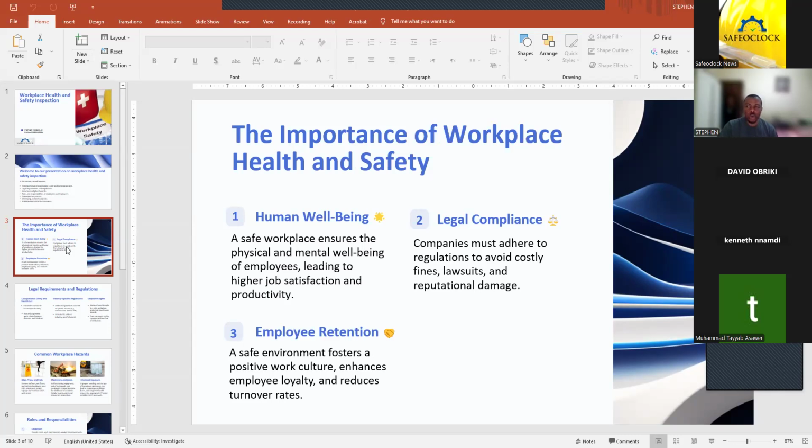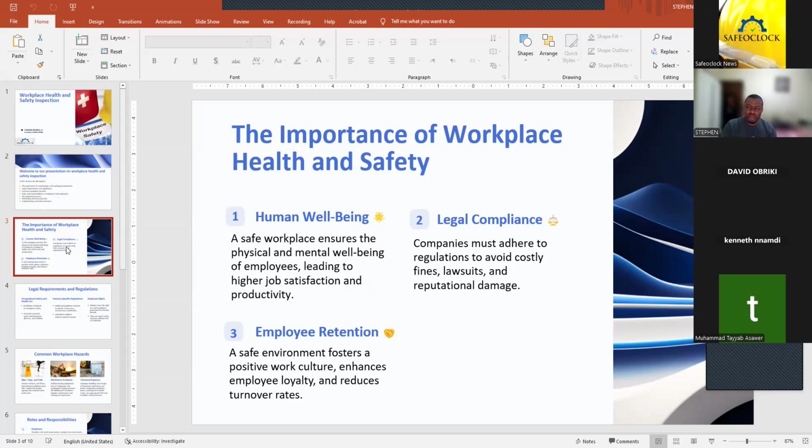Once we have safety inspection on site, it builds a kind of human well-being within the workplace, and like I've said, all this will lead to high job satisfaction and will also increase productivity within the workplace. Once you do regular inspection and follow up with the recommendations, you discover that the employees will be happy.